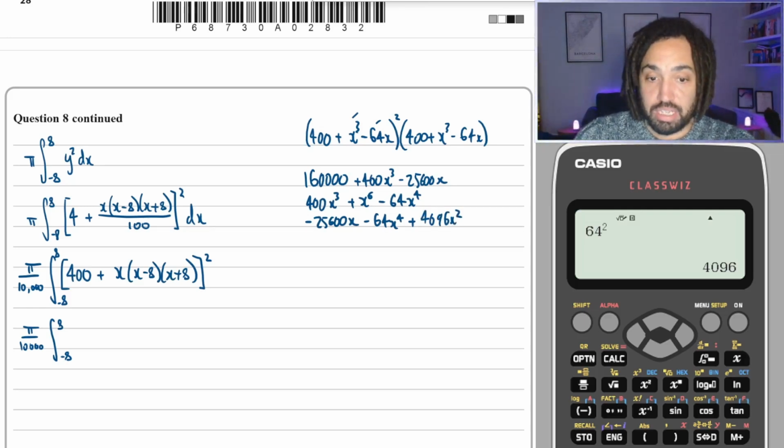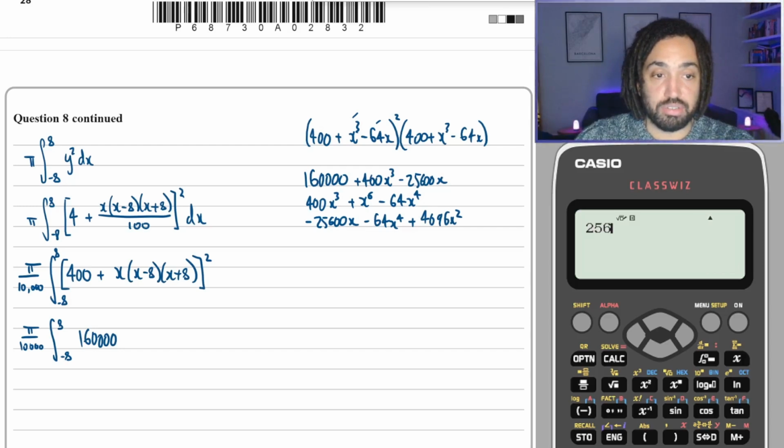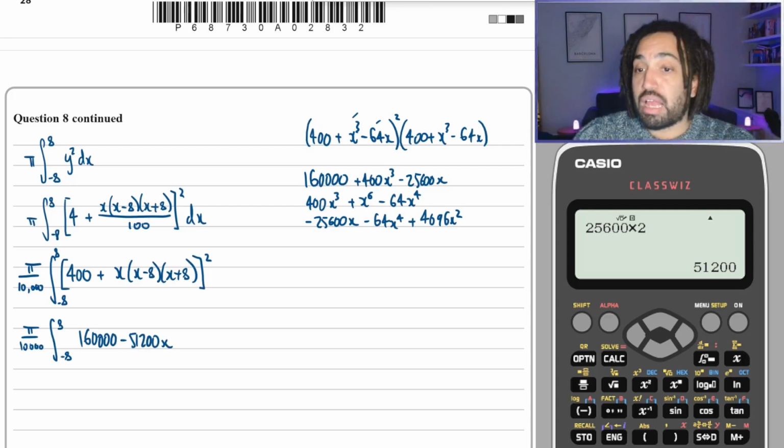Okay, great. So let's then collect all the terms together. So that's the constant term. How many x's have I got? I've got two lots of 25600. 25600 times by 2. And those are both negative, so it's minus 51200x. And what have I got for x squareds?